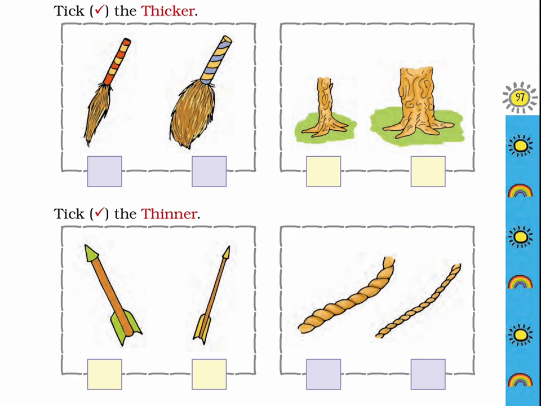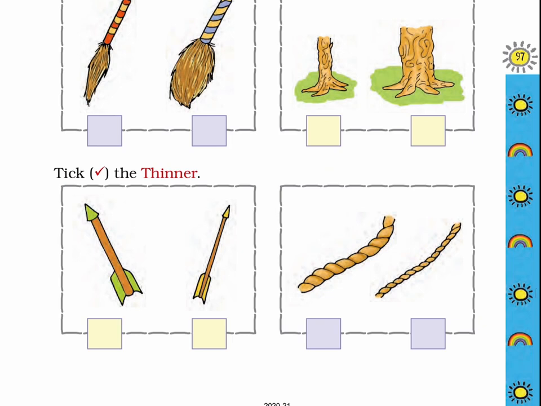Tree trunk 1 is as round as your arm and tree trunk 2 is as round as your tummy. You have to tell which one is thicker, tree trunk 1 or tree trunk 2. Question 2. Tick and identify the thinner.